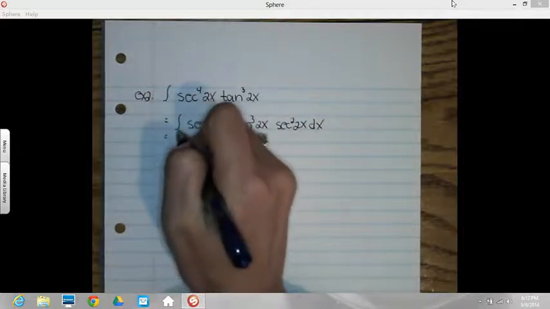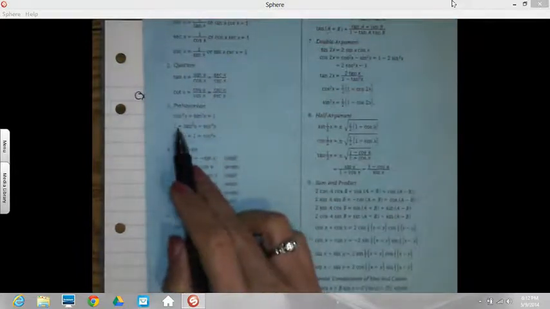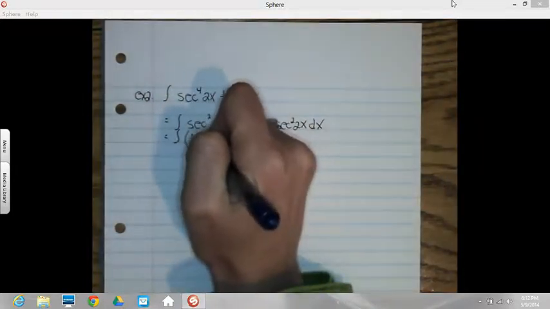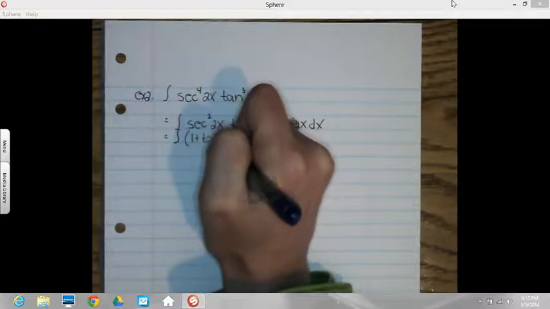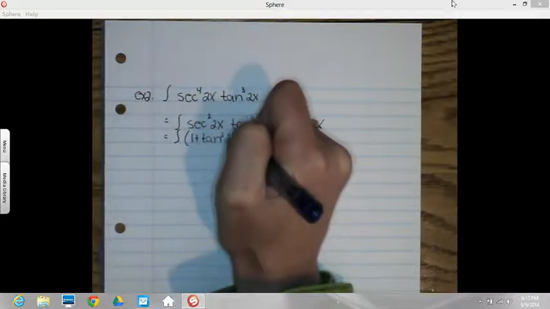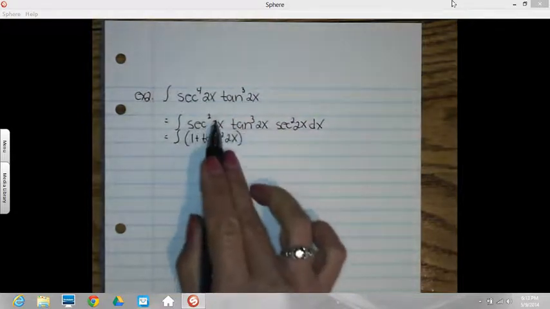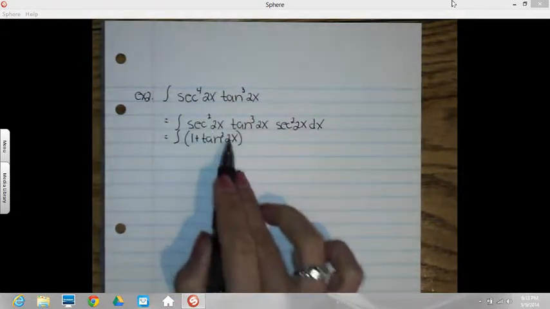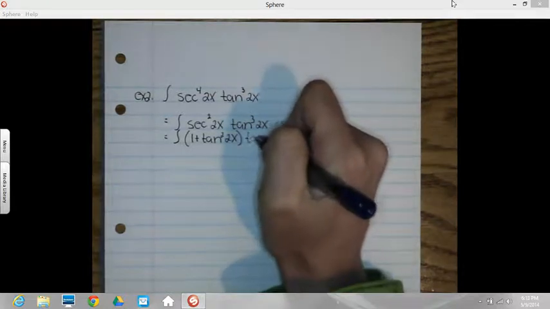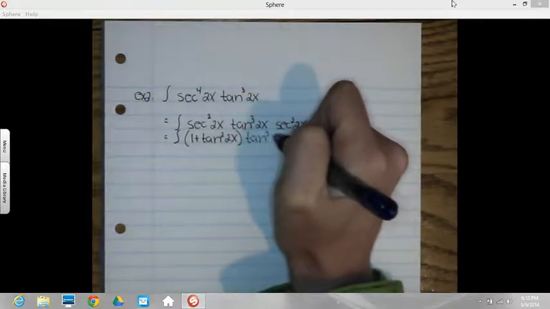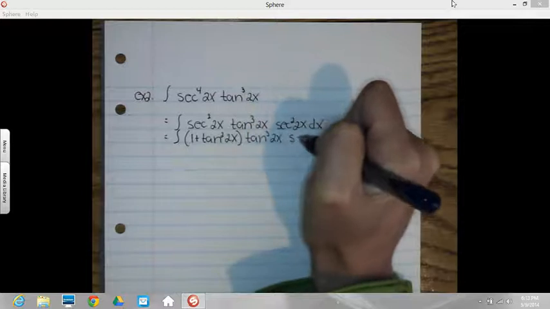Secant squared equals 1 plus tan squared. So 1 plus tan squared 2x. I don't need a power out here because it was just secant squared, and this is secant squared, times tan cubed 2x, secant squared 2x.